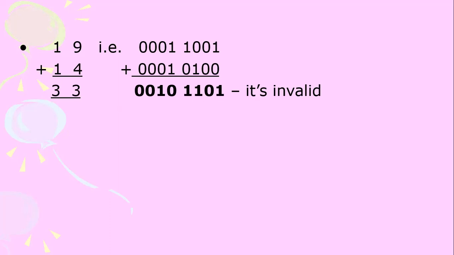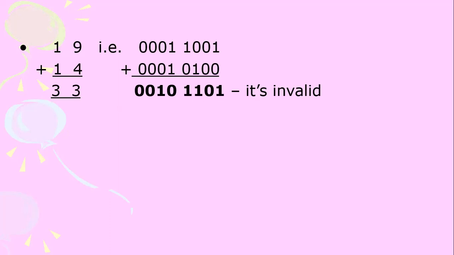However, for us to know whether it is valid or not valid, we convert each binary pair to its decimal equivalent. What does it give us? If you convert 1, 1, 0, 1 to its decimal equivalent, you will not get 3.